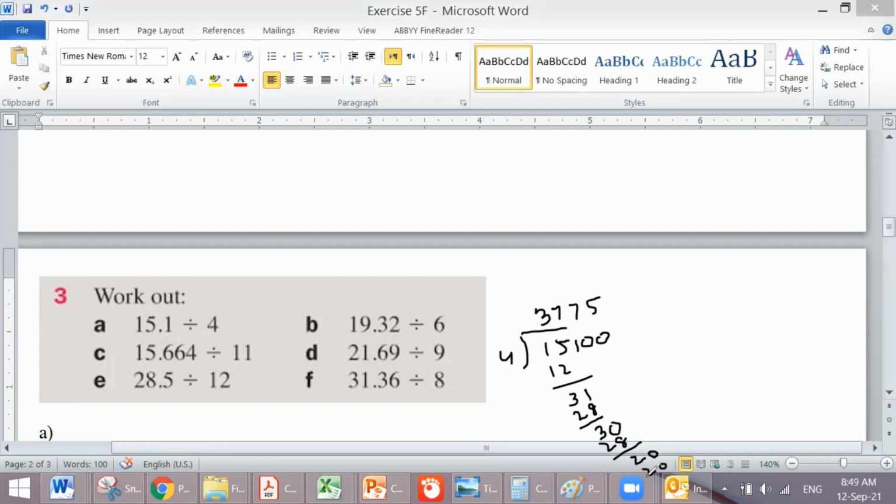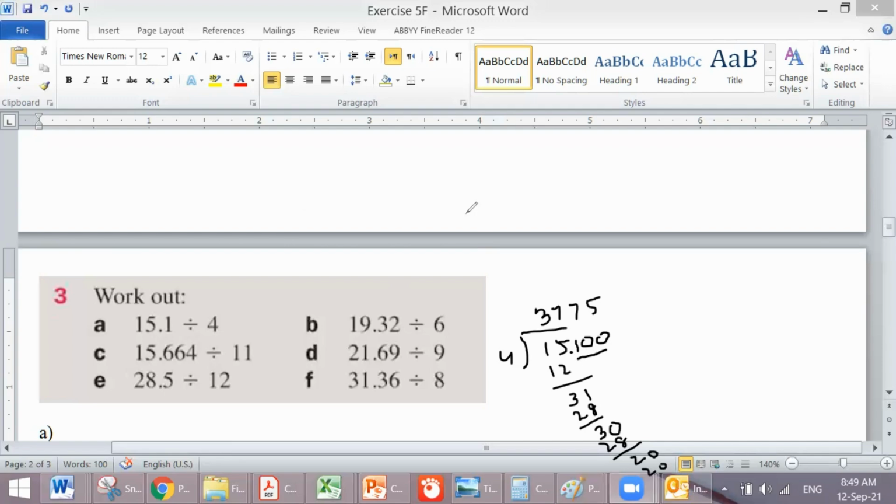I have to add more and more zeros until my answer has come. Now I will put this point here. This decimal point was here, it was 15.1. Okay, and after this decimal point, now there are 3 values. As you can see, there are 3 values.